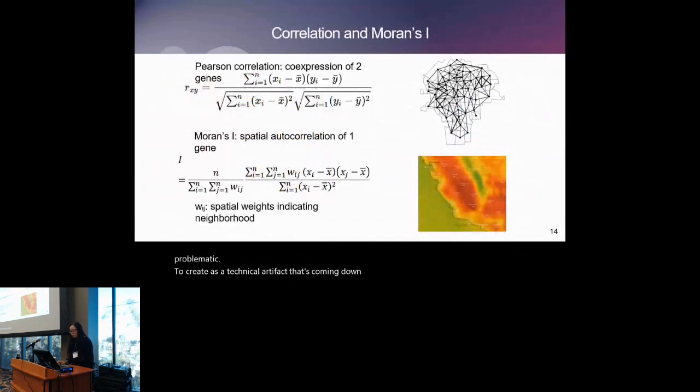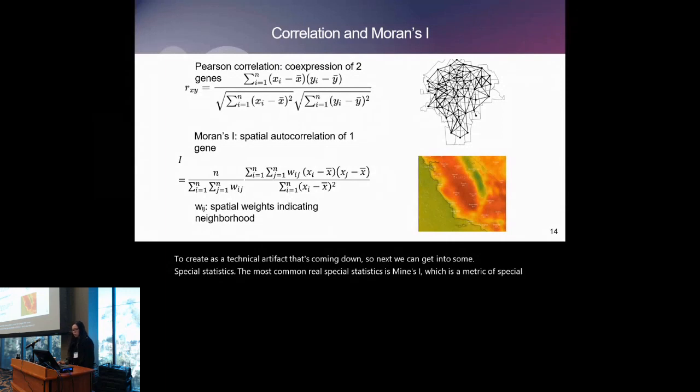So next we can get into some spatial statistics. The most commonly used spatial statistic is Moran's I, which is a metric of spatial autocorrelation. It's kind of like a Pearson correlation between the value at each location and the spatially lagged values, like the weighted average of the neighbors, although it's not exactly the same.